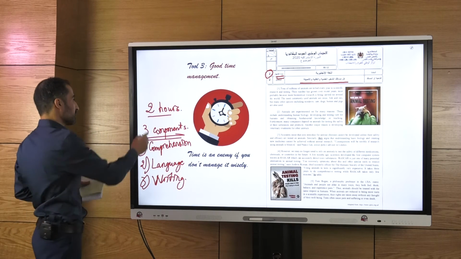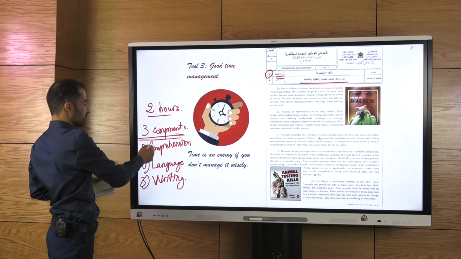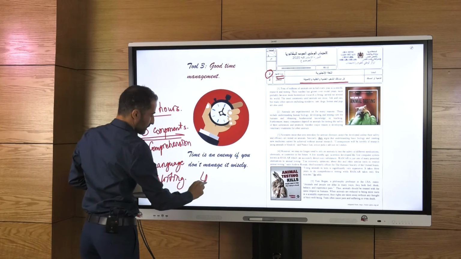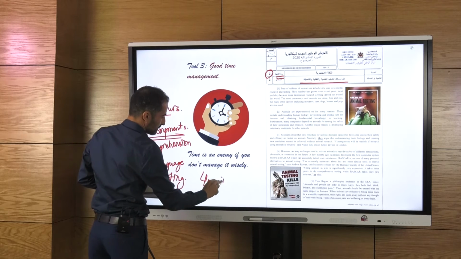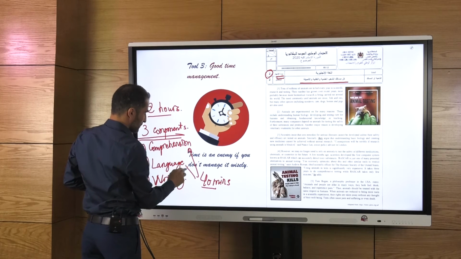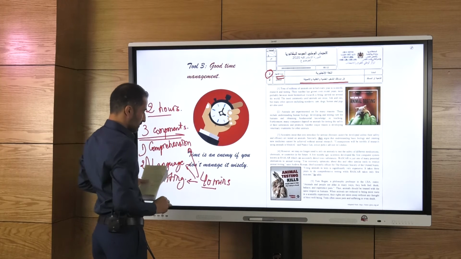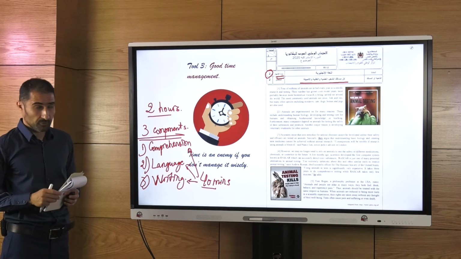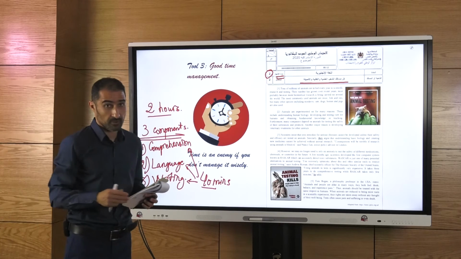For example, if we split 2 hours on these 3 components, you are going to have 40 minutes for each component, for comprehension, for language, for writing. So you should know how to manage your time. Otherwise, it's going to be a mess.